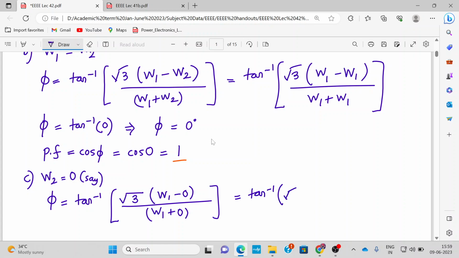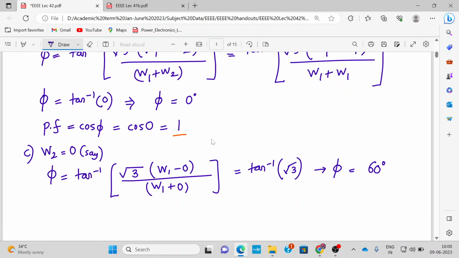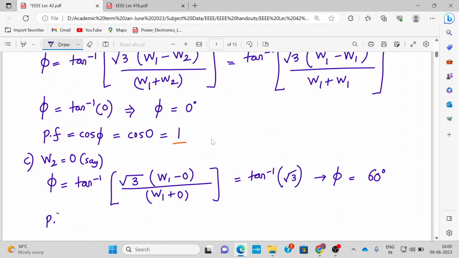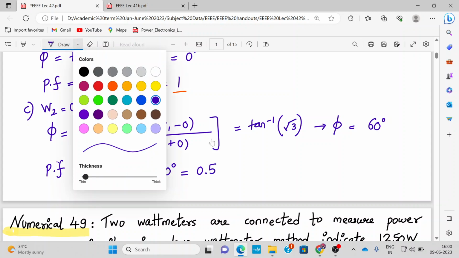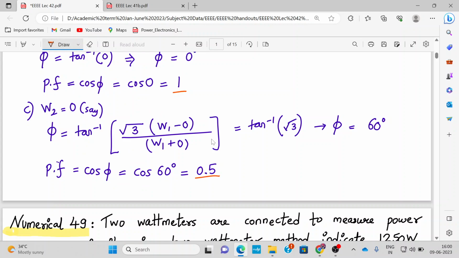And if you calculate in your calculator, tan inverse of root 3, phi will be equal to 60 degrees. You can check it out in your calculator. And the power factor will be, in this case, cos phi, which is equal to cos of 60 degrees, and that is coming out to be 0.5. Okay, so when one of the readings of the wattmeter is 0, your power factor is 0.5.